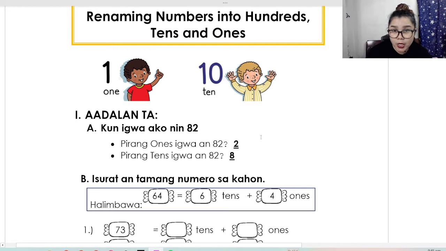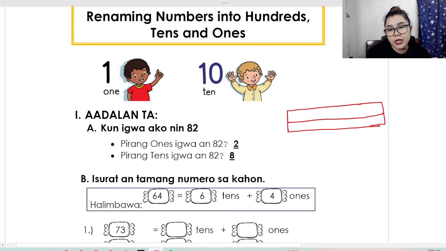So, do you remember the place value? If you studied well when we had the place value, let's recall first. From the illustration, the place value chart is divided into 3.